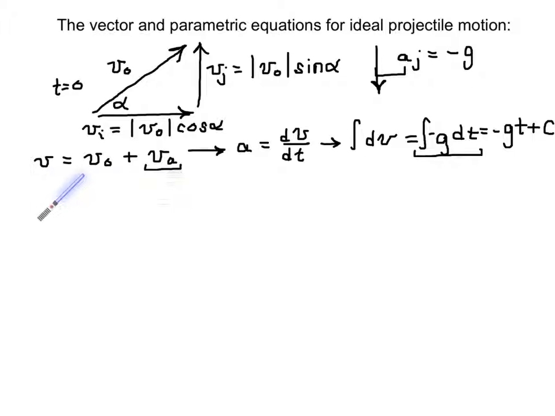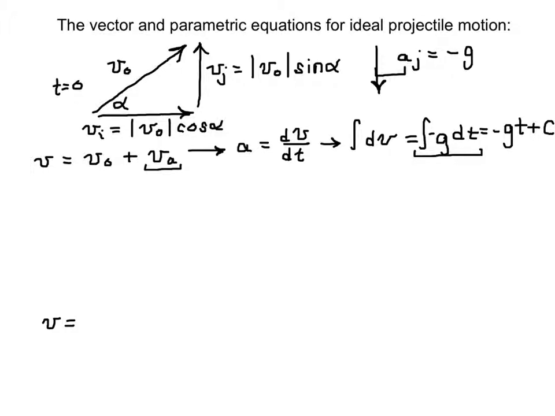Okay, so what we want to do is go back and take a look at our velocity equation. It has an initial velocity and then the velocity due to acceleration. The initial velocity has two components. It has a component in the i direction and a component in the j direction. And then the velocity due to acceleration, which is right here, is also in the j direction. So let's go ahead and write out our velocity equation in its component form.